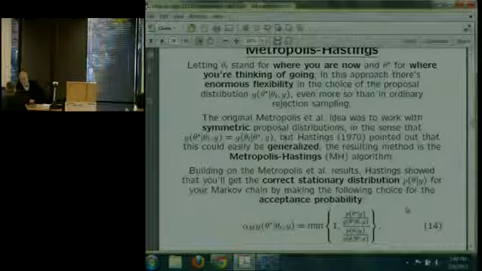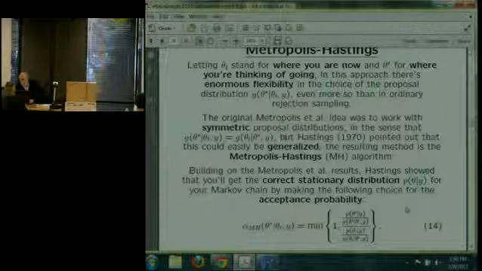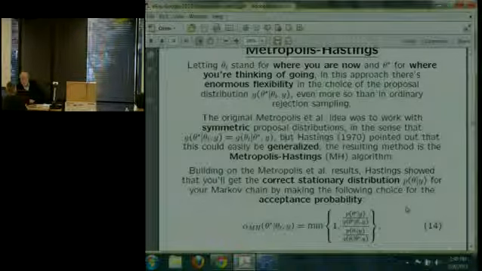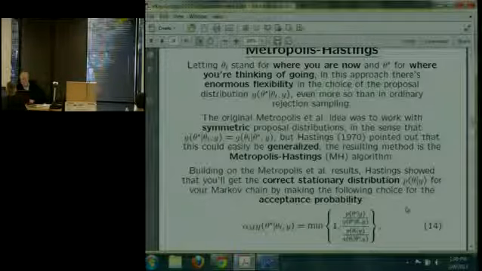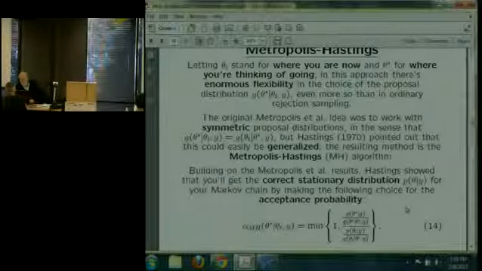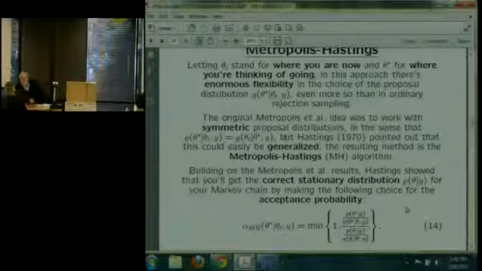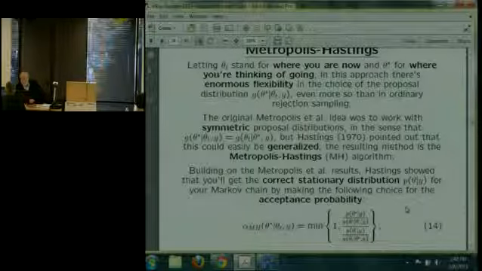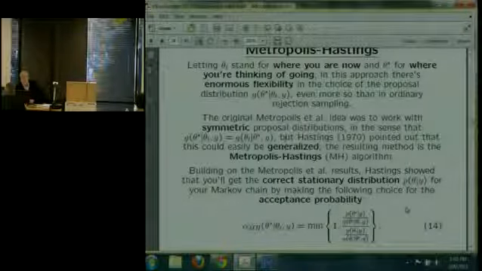So you accept with the smaller of those two numbers. You can see that if we were to take the proposal distribution and make it symmetric, the part in the numerator that involves g of theta star given theta t would cancel with the other g in the bottom part, and we get back the Metropolis acceptance probability.